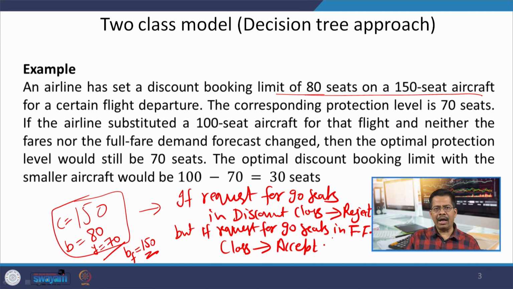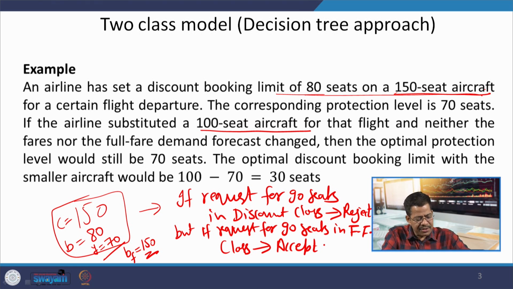Now, I am changing this aircraft in this example from a 150 seat aircraft to a 100 seat aircraft. Earlier I had a 150 seat aircraft, now because of some maintenance issue I am going to have a 100 seat aircraft, and PD and PF remain as they are.